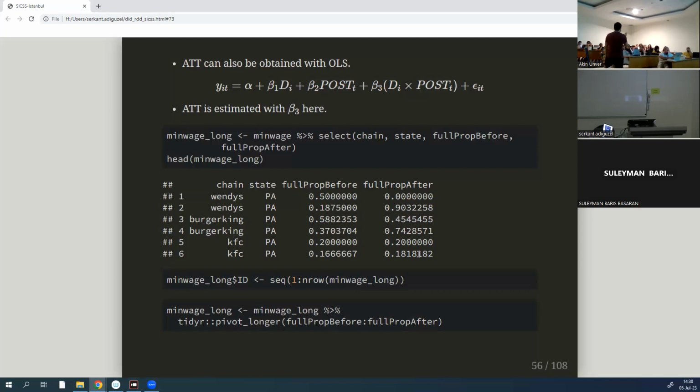But the problem is, how are you going to construct that synthetic New Jersey? That's going to be a function of observed covariates, which is essentially similar to what we are doing here. So synthetic New Jersey is going to be based on what? Population, technological progress, I don't know. It's going to be a function of observed things anyway. The whole point is just to find something comparable to New Jersey.